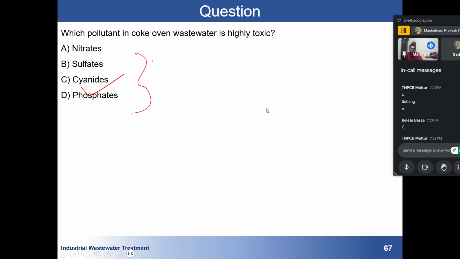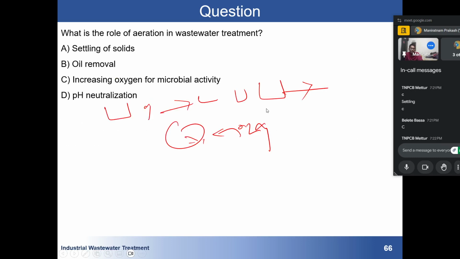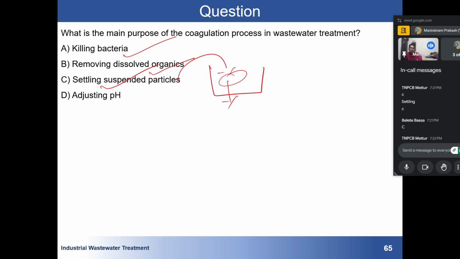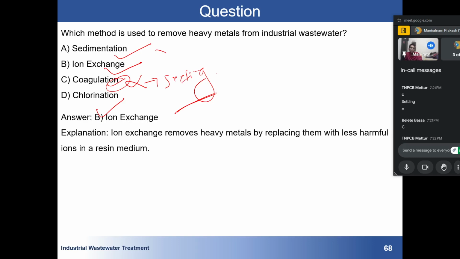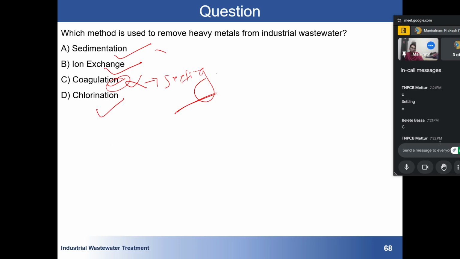When this question was there, here you have said C. So how can you say it again for heavy metal? How can you mislead? Are you getting what I'm saying? Coagulation won't be the answer because this is used for settling.